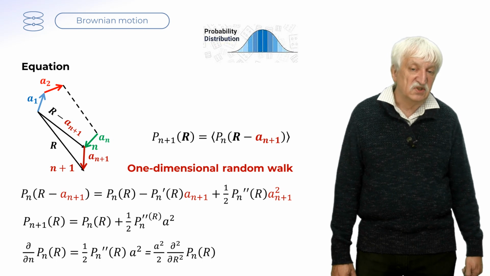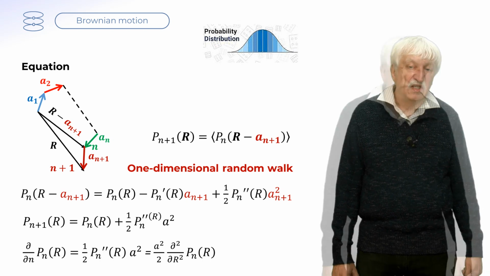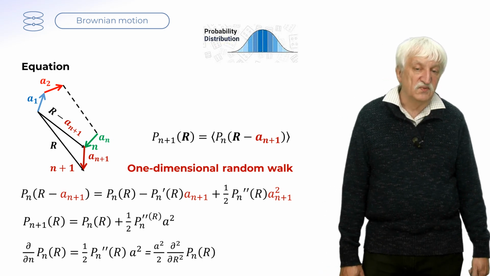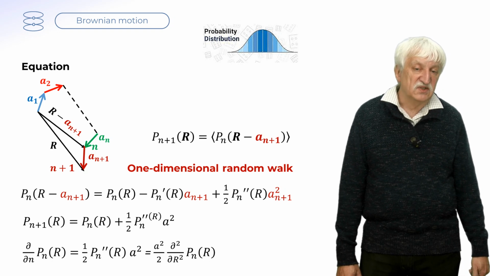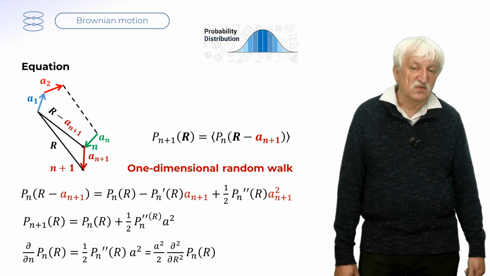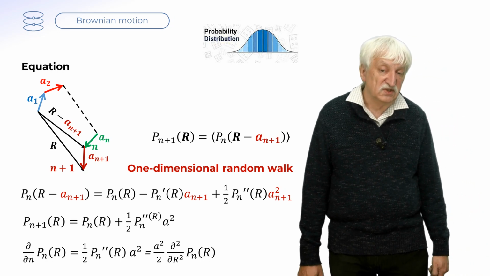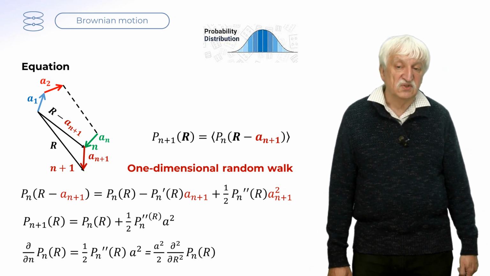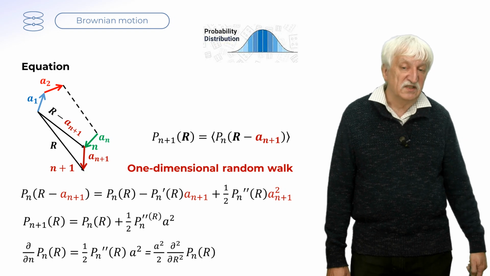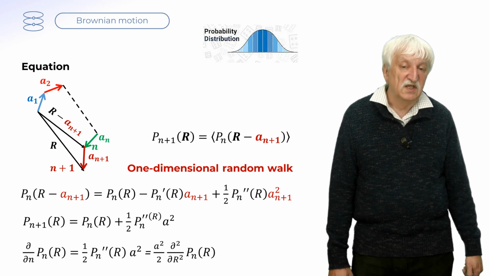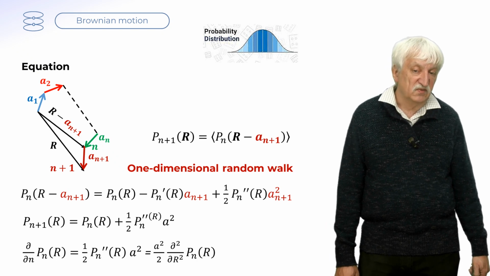After the averaging, since the average of n plus 1 is 0, we get only the first and the last term in this equation. And so Pn plus 1 equals Pn plus a term proportional to the second derivative of Pn.